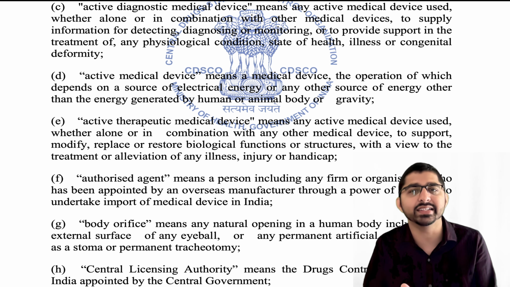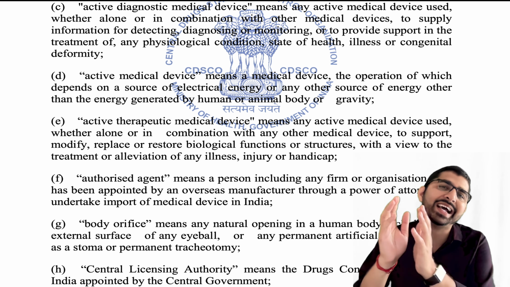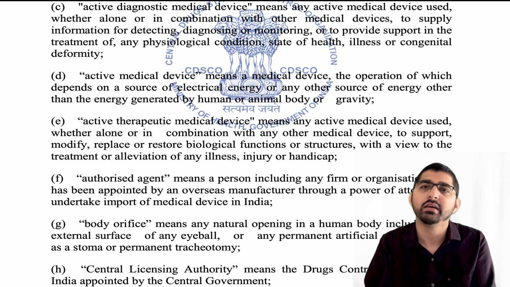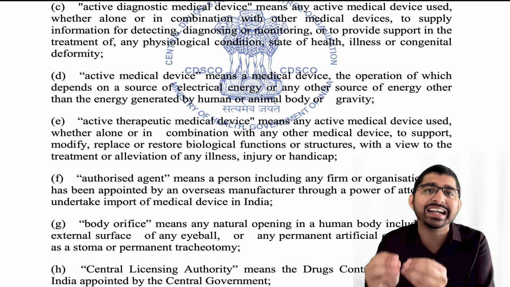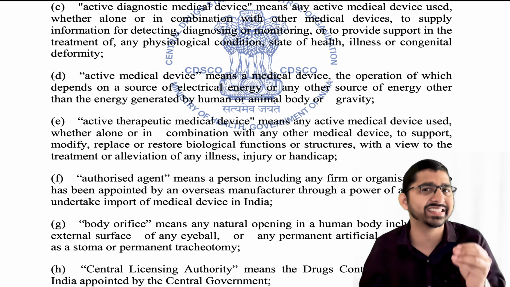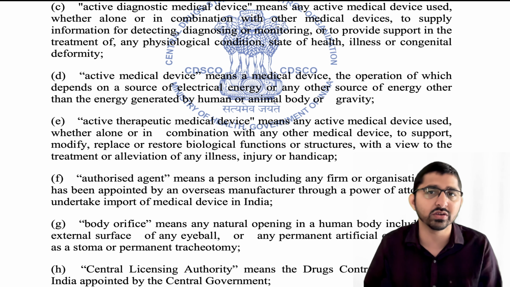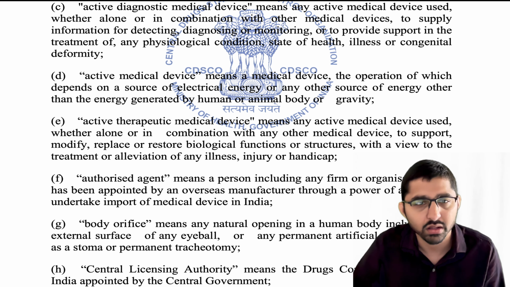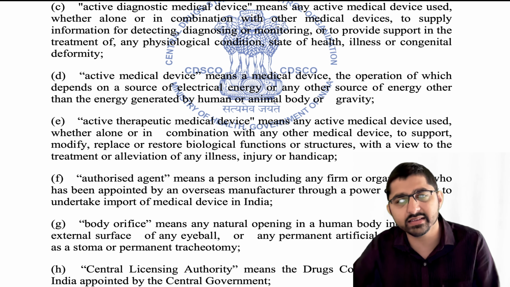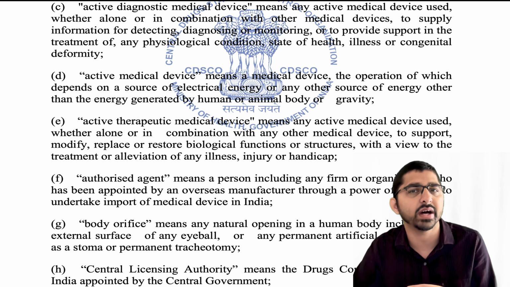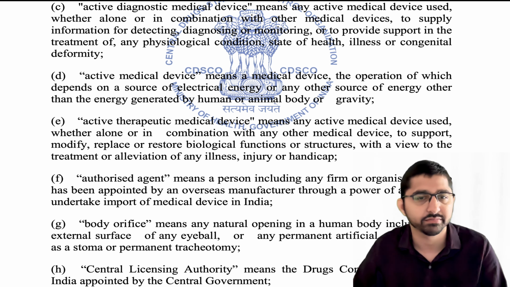It could be either the CLA or the SLA. When I say CLA, it's the Central Licensing Authority. When I say SLA, it's the State Licensing Authority, my friends. So Class A and B will go to SLA, whereas Class C and D will go to CLA. CLA is basically the Drug Controller General of India, appointed by the GOI, the Government of India.